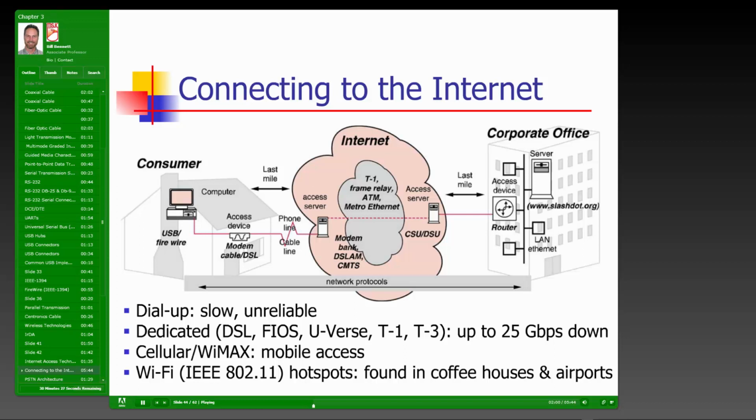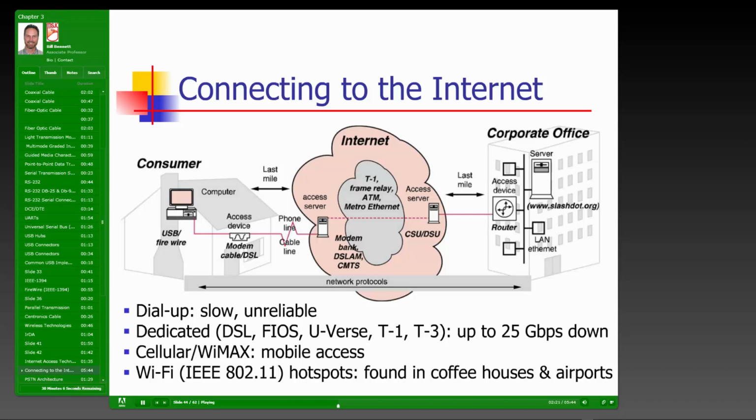So then again, on the right-hand side of the cloud, another access server, and this time it's the ISP for the corporate office there on the right. And so the terminology is still pretty much the same. It's the local loop, or the last mile, between the building and the phone company. So there's two different access servers really. One would be the connection to the phone system.